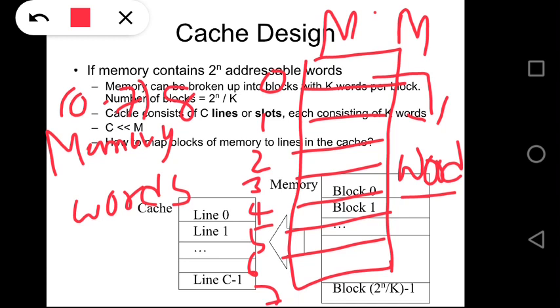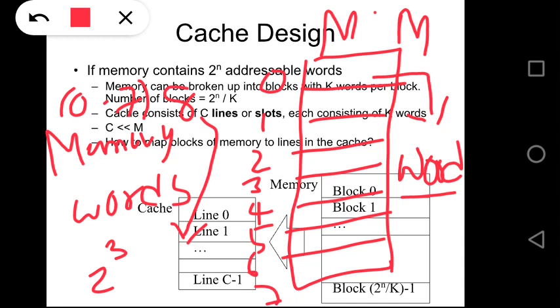So if the memory contains 8 memory addresses, but 8 can be written as 2 power 3, I can slightly change the sentence such that the main memory contains 2 power 3 addressable memory words.